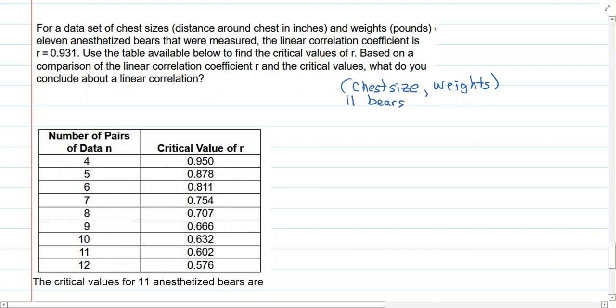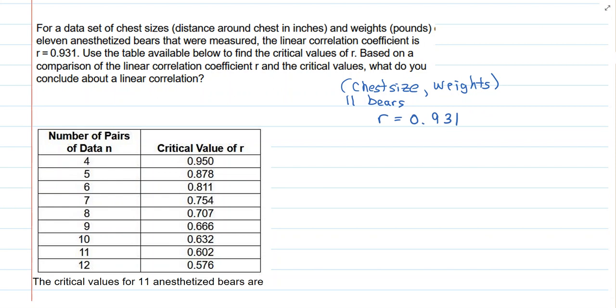The linear correlation coefficient for the data was R equals 931. Use the table available to find the critical values of R based on the comparison of the linear correlation.